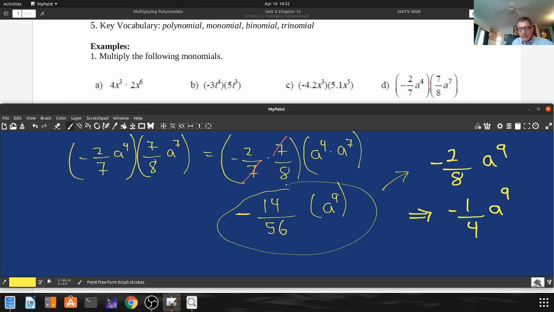So the whole work here is just reducing the fraction. Any way you go about it, you've got to reduce it. And just a little bitty examination of this here. That's 7 on the bottom, not 8.